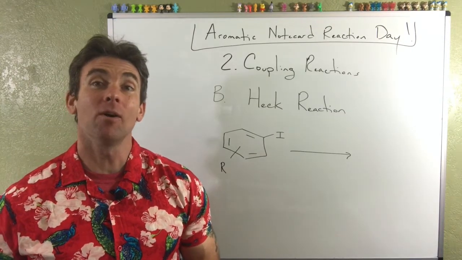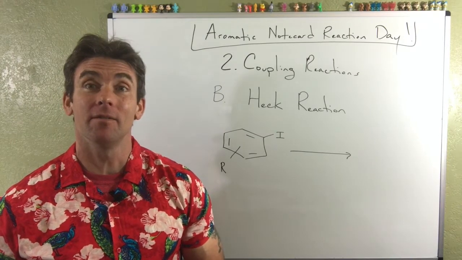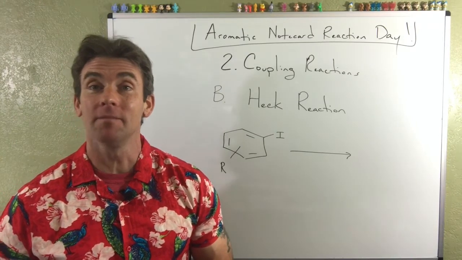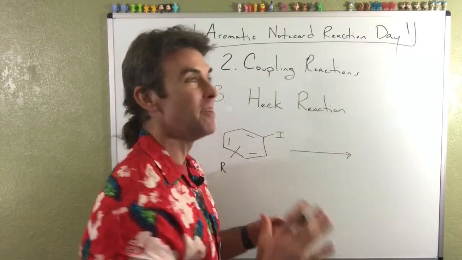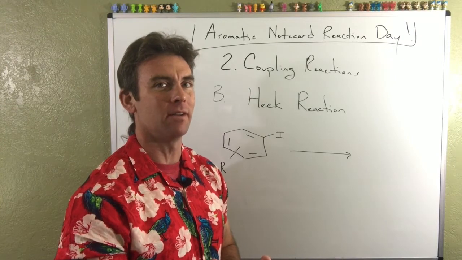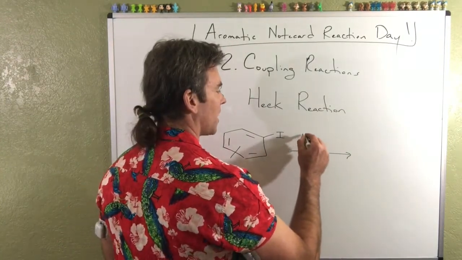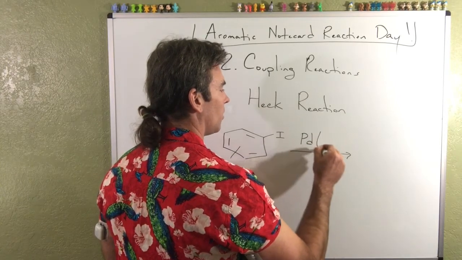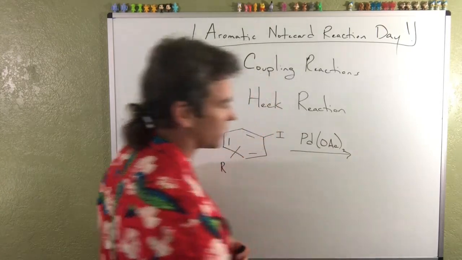The Heck coupling, or the Heck reaction, is a pretty iconic type of organometallic reaction. Each one of these named reactions, of course, uses some different combination of reagents, right? What we're going to be looking at for the Heck reaction is that it almost always involves some sort of palladium-2 salt, right?